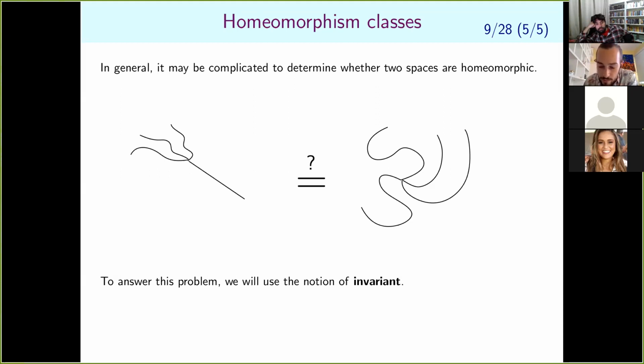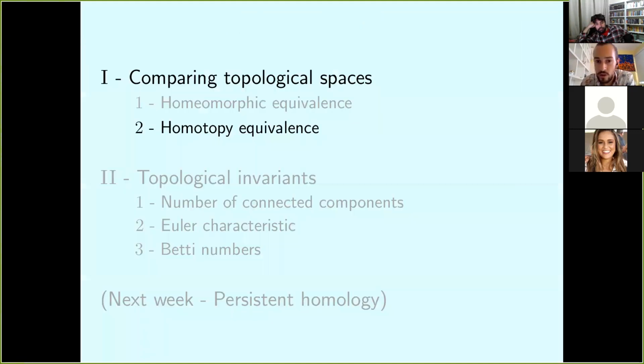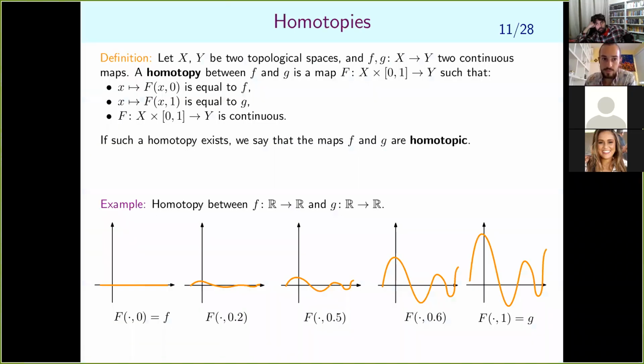But for now, let me introduce another relation we can define on topological spaces, which is in some sense better suited to what we'll do soon. And this is called homotopy equivalence. So first, I have to define what a homotopy is.